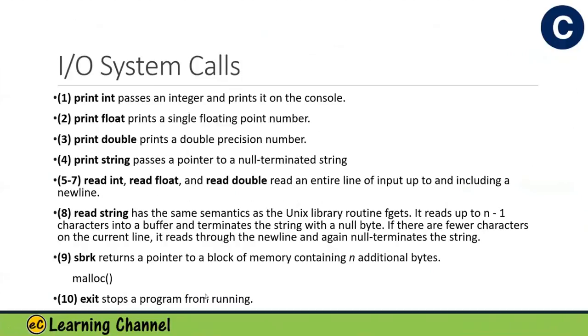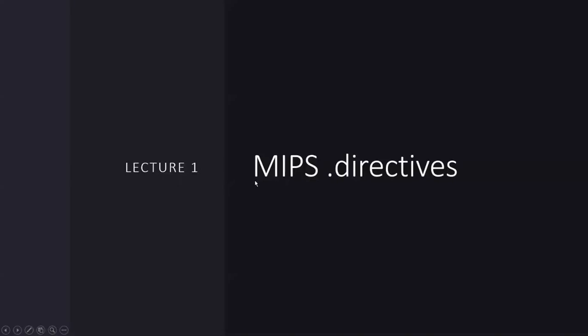So this one is equivalent to memory allocate, SBRK. Here you have different print functions, but for all of these you need to do a system call, SYSCALL, and there's a memory allocation. So these are the basic 10, 11, 12 different functions.